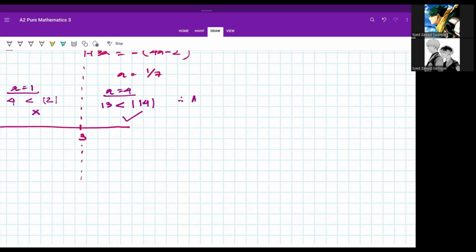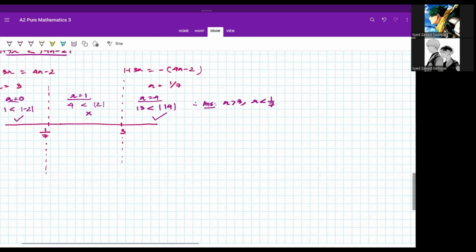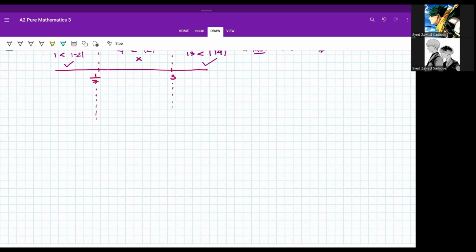Therefore, when we write our answer, we get x is less than 1 by 7 and x is greater than 3. Now, to denote this, I'll just write: let's say a is equal to 1 by 7, b is equal to 3.